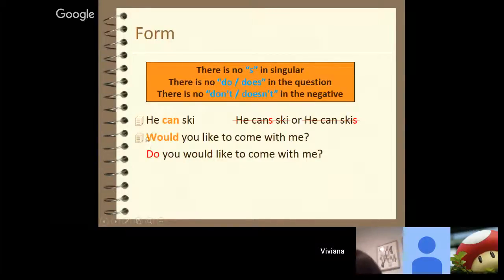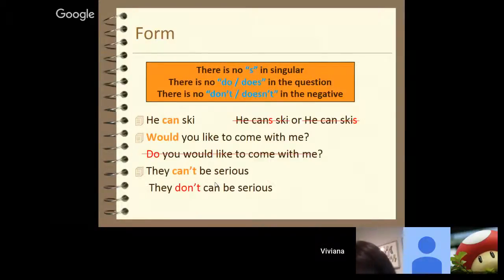Now, for example, we have a question. We use in the first place the modal verb, that is would, and then the subject, the base form verb, and the rest of the sentence. We have: would you like to come with me? We don't say, do you would like to come with me? That is wrong. That is not correct. Now, for the negative, we say they can't be serious.